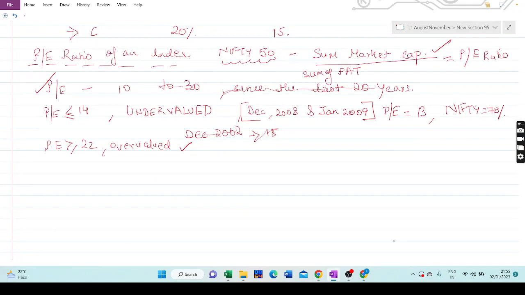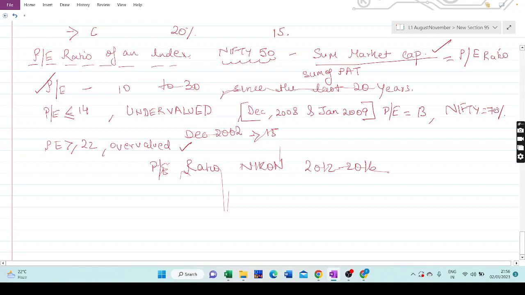Now we'll see the P ratio of Nikon over the period of 2012 to 2016. What does Nikon manufacture, guys? Cameras.